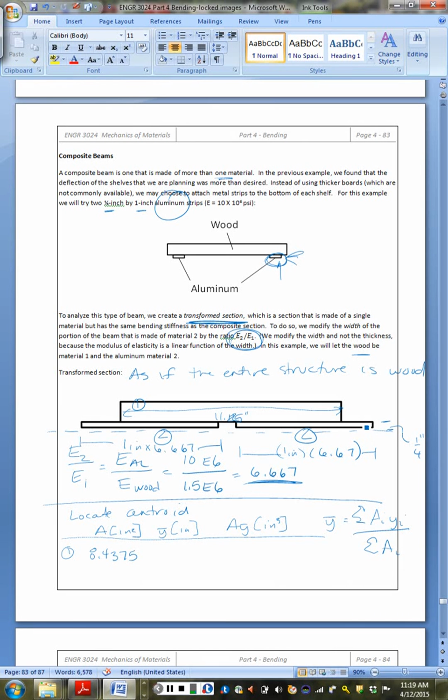So that would be 1/4 inch plus half of the 3/4 of an inch, 0.625. The product of that, 5.2734.